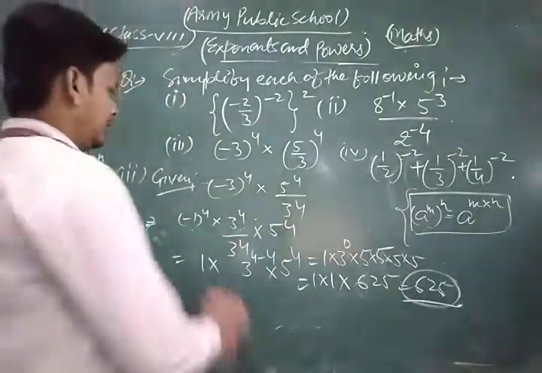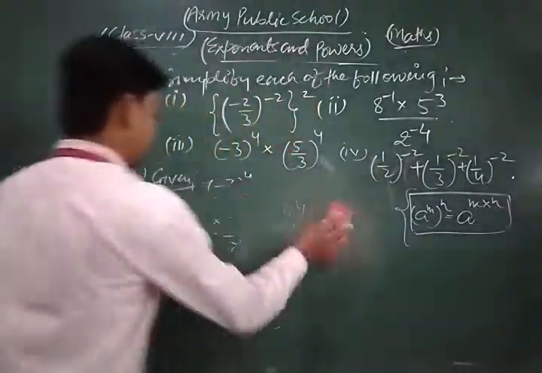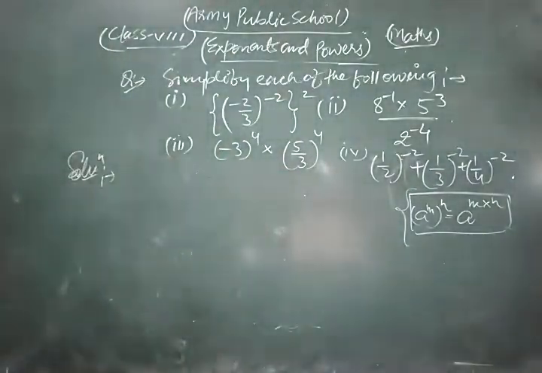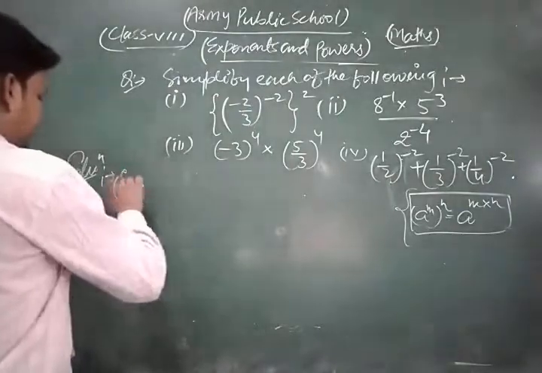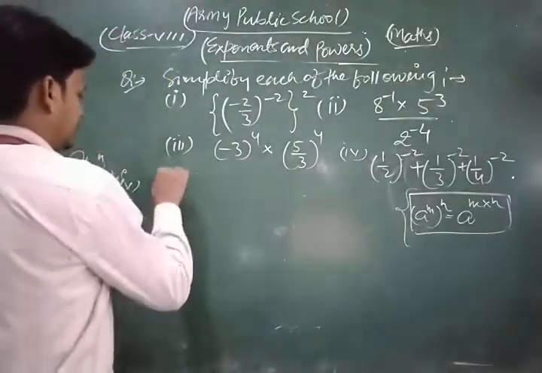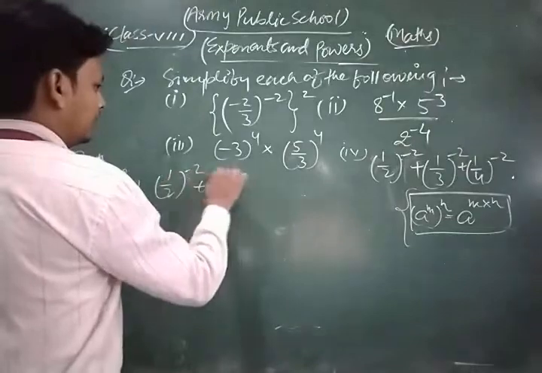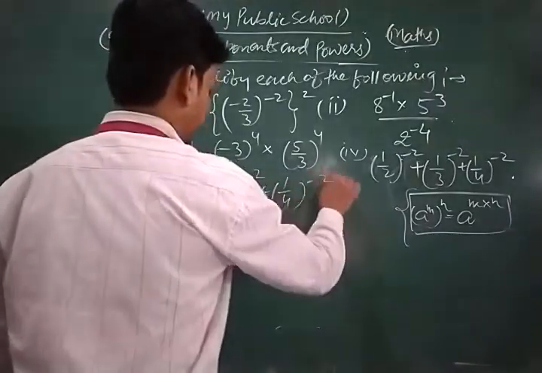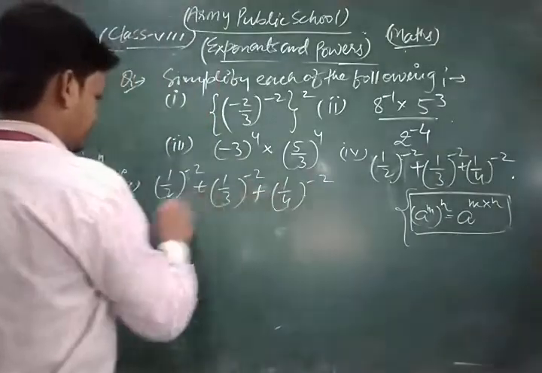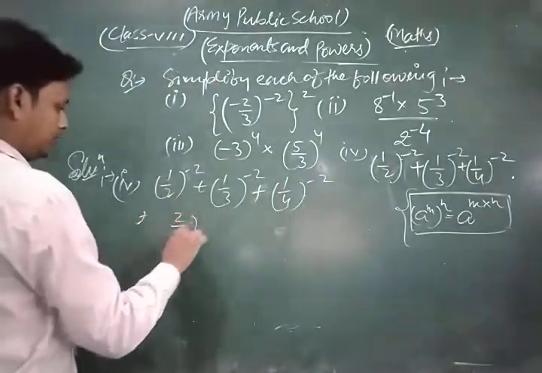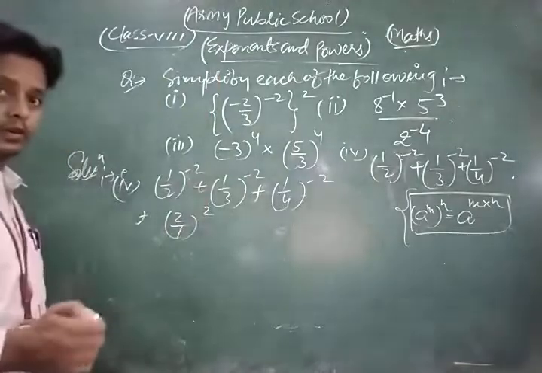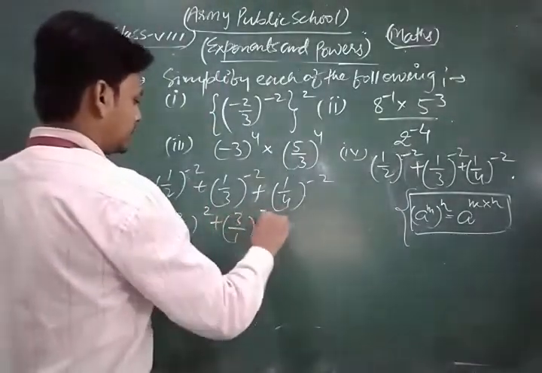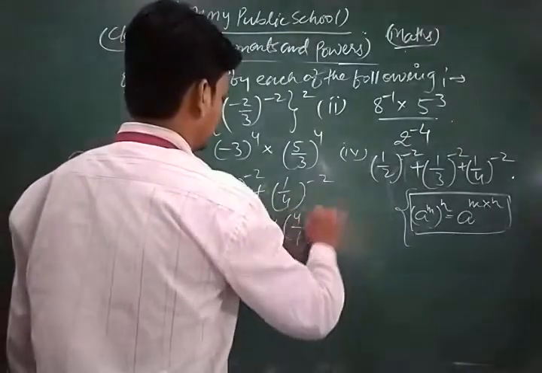So this is a very important question. Similarly we take and solve the next part of this question. First of all, this is the given expression. First of all, we convert the negative powers into positive. Here we can write (2 upon 1) to the whole power 2, (3 upon 1) to the whole power 2, and (4 upon 1) to the whole power 2.